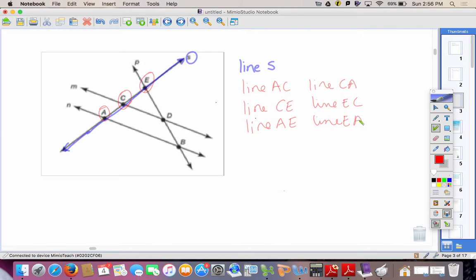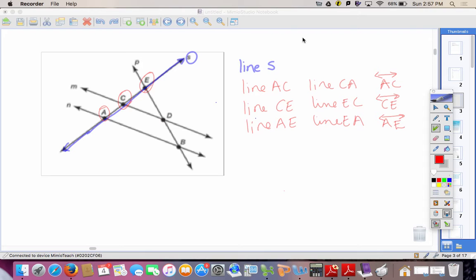And I can take it one step farther and just use symbols. The symbol here would be AC with the line symbol above it, or CE with a line symbol, or AE with a line symbol. These all simply mean the exact same line, line S. Line S could be notated in any of these possibilities.